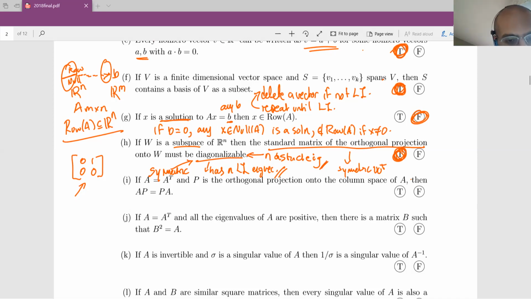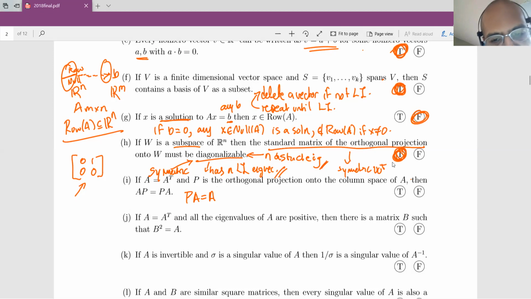Yeah. So you want to use that P times A equals A. Now, why is that?